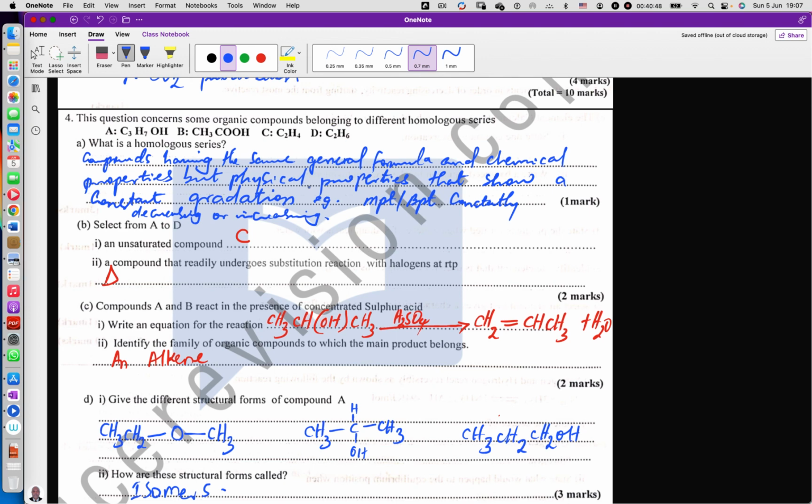They will do substitution under UV light. The UV light will be used as a catalyst. So we have D. D is an alkane.